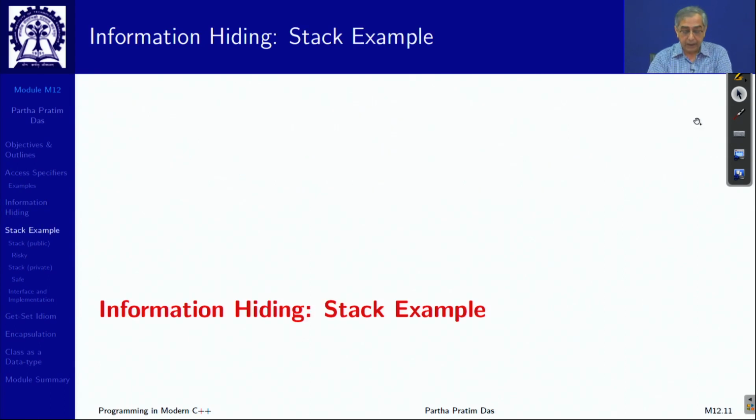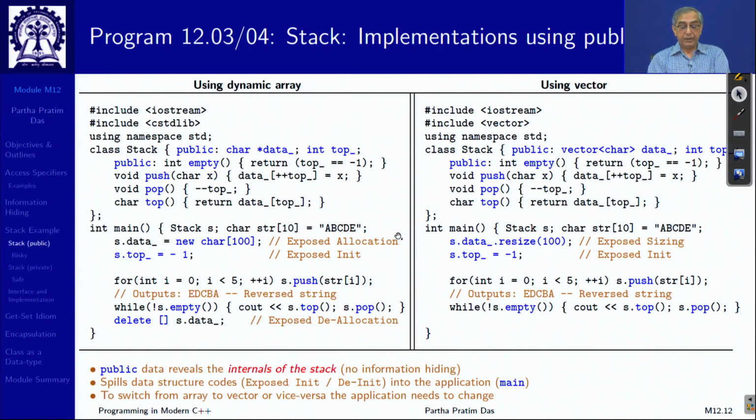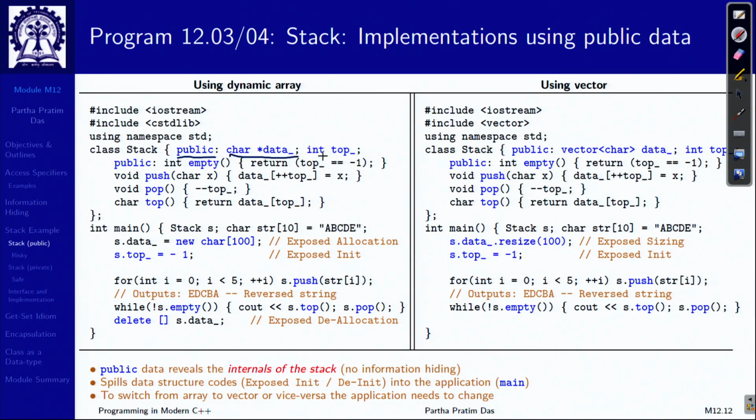So, let us look at stack at length in terms of information hiding. Usually, initially, let us say that everything is public. The data members, two types of implementations using a dynamic array or the vector.